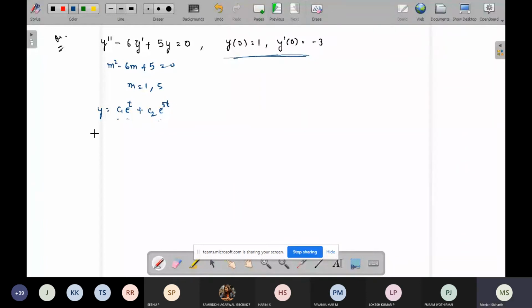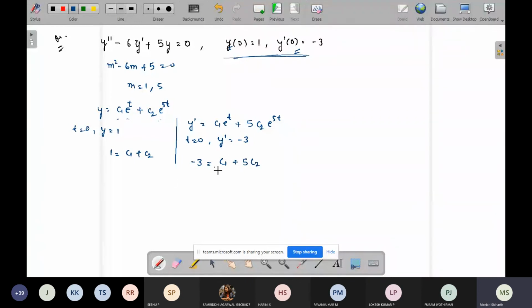So put t equals 0, the y value is 1. This is the first condition. Putting t equals 0, you will get 1 here and 1 here. So c1 plus c2 is equal to 1. Then we need y dash to use the second condition. So y dash is c1 e power t plus 5 c2 e power 5t. Now use this. At t equals 0, the y dash value is minus 3. So minus 3 equals c1 plus 5 c2.